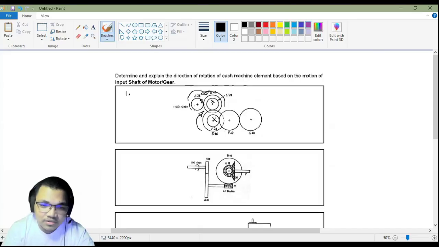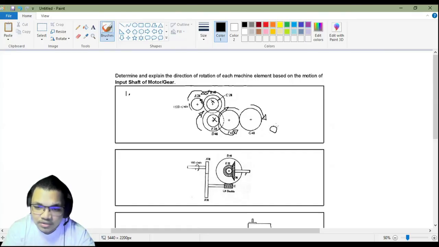Thus, when this goes clockwise, this will go counterclockwise. And when this goes clockwise, this goes counterclockwise. Continuing this, the output gear, or G48, will show that it is moving in the clockwise rotation.